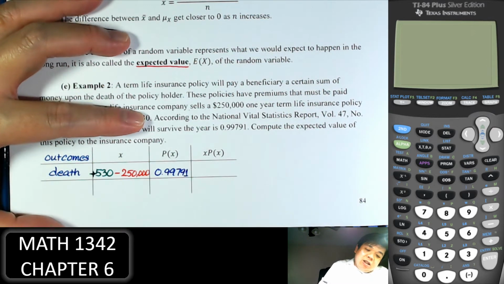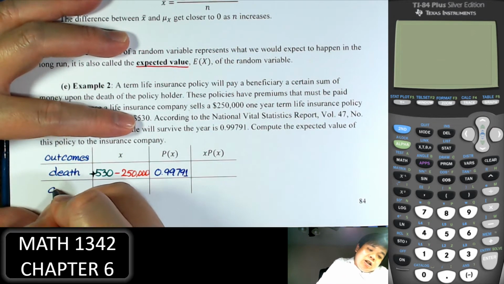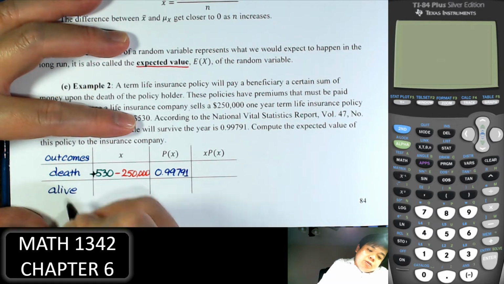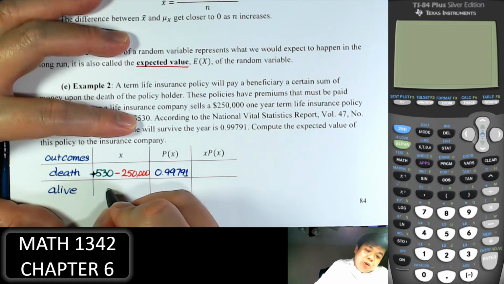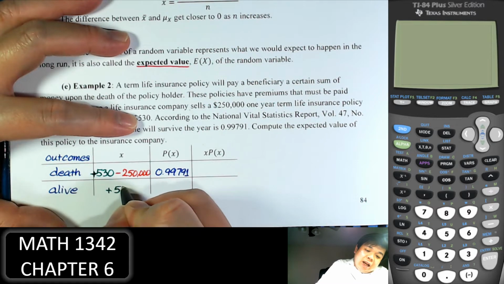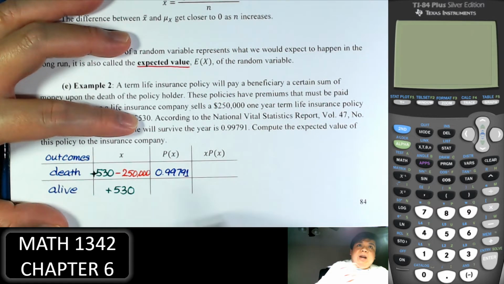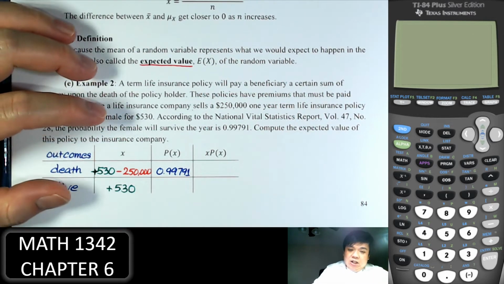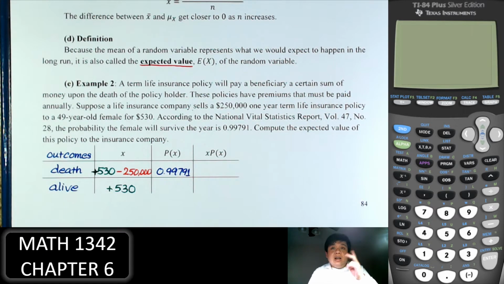So if that person is alive, the company will get 530 and does not need to pay out anything. And the chance for this to happen, remember, a person is either dead or alive, so they are mutually exclusive. I should say they are complements of each other.